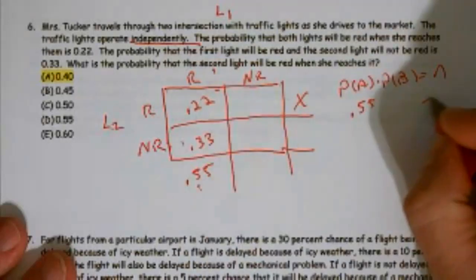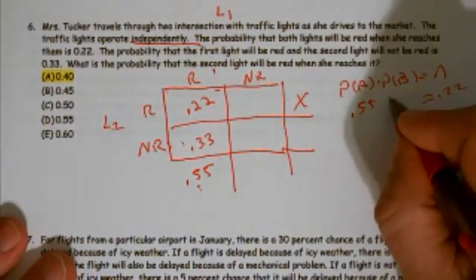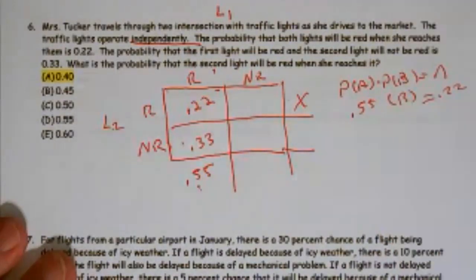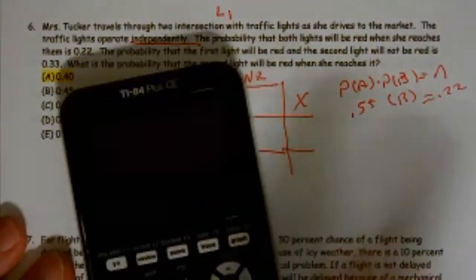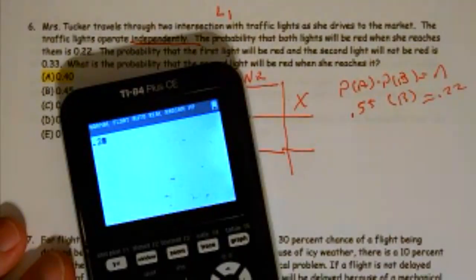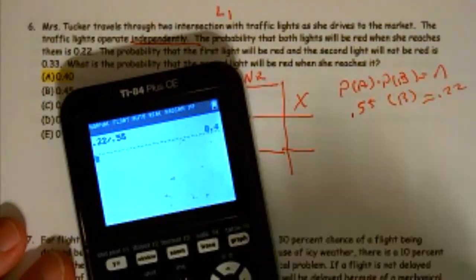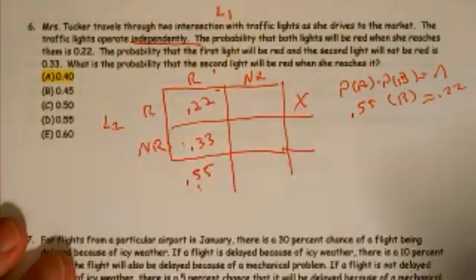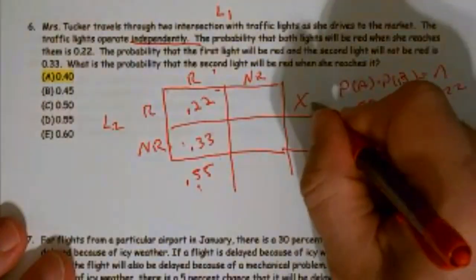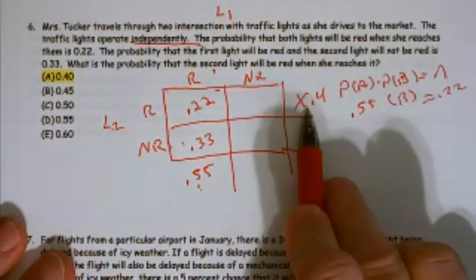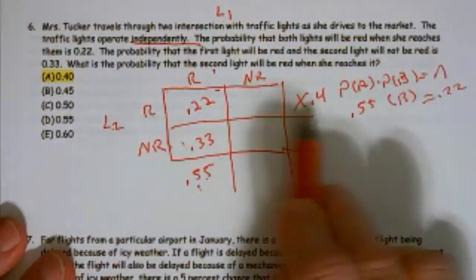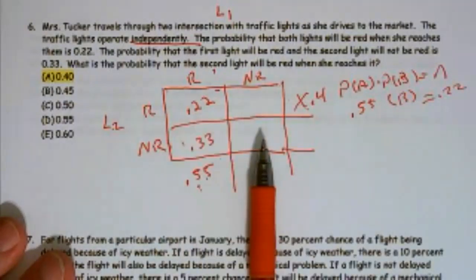We know the intersection is 0.22. I just don't know B. And if I take 0.22 and divide it by 0.55, I end up getting 0.4. So that value is 0.4. And if I multiply this times this, I get that value. But it's a little bit tricky because you have to remember the independence rule and you have to be able to fill out part of the table.